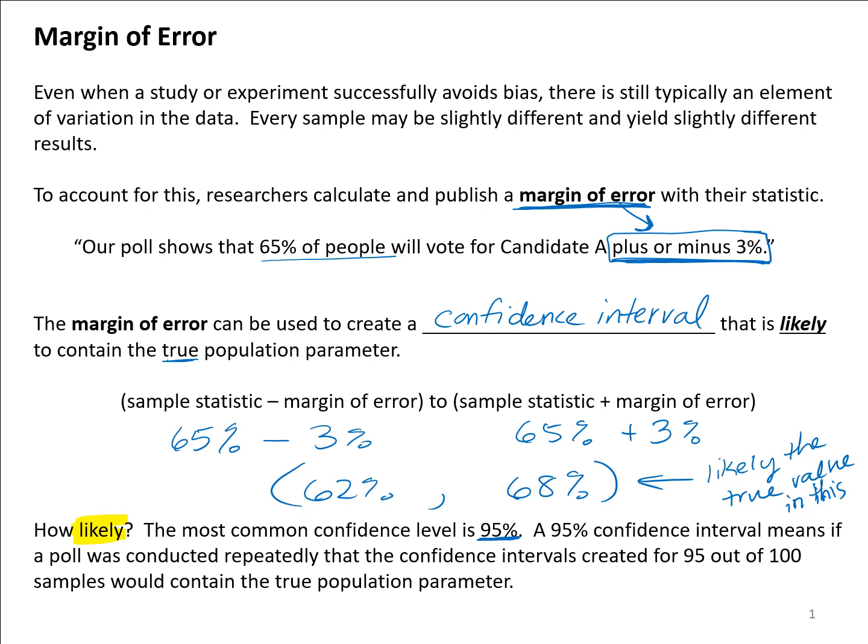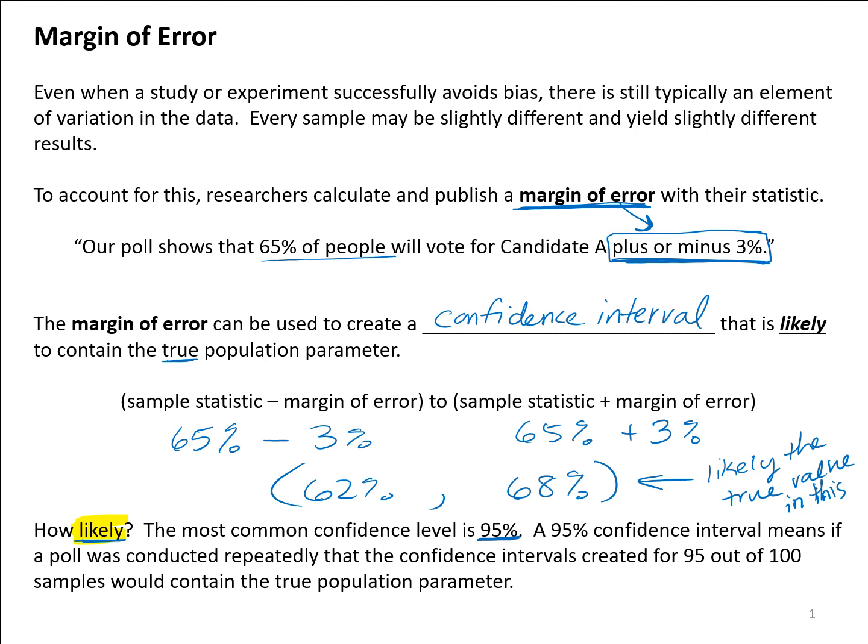Now that does mean that 5 of those intervals probably won't contain the true population parameter. And there's really no way of knowing which one will and which one won't. So again, we are talking about being confident, not absolutely sure. So we are likely to contain the true population parameter within this confidence interval.